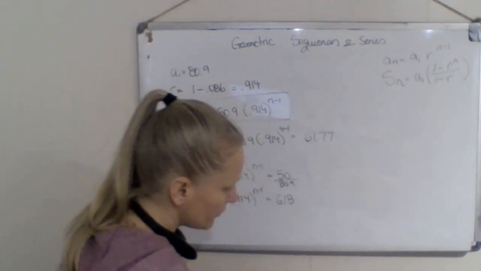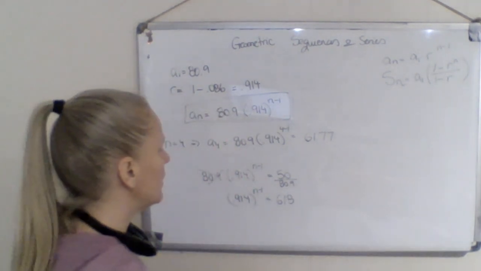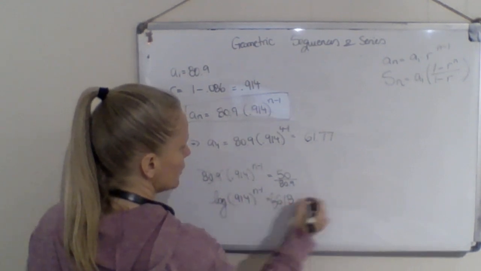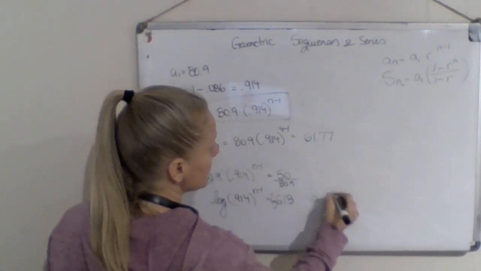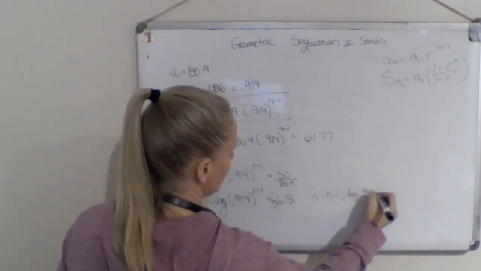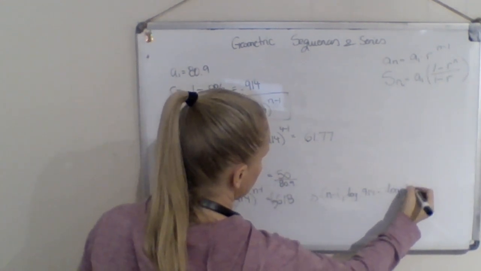And then from here on, we're going to take the log. Anytime you have a variable up there in the exponent, you can't solve it. You need the log. So this becomes N minus 1 times log of 0.914 equals log of 0.618.